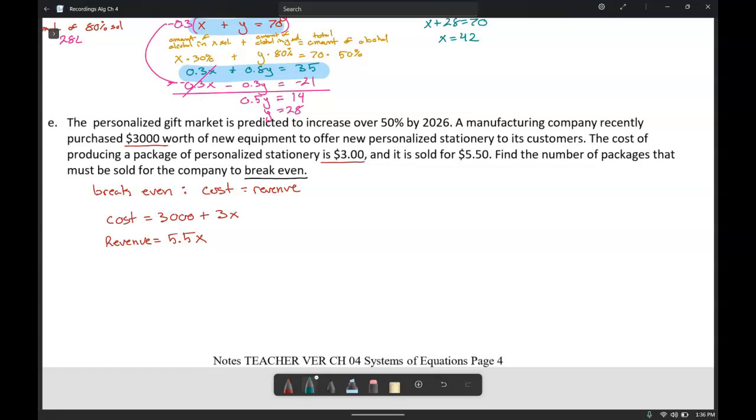And so very similar to our original equation, we need to set cost equal to revenue. So cost goes on this side and revenue goes on this side. So we need to solve for 3,000 plus 3x equals 5.5x. And so that was a substitution. We're going to go ahead and solve.